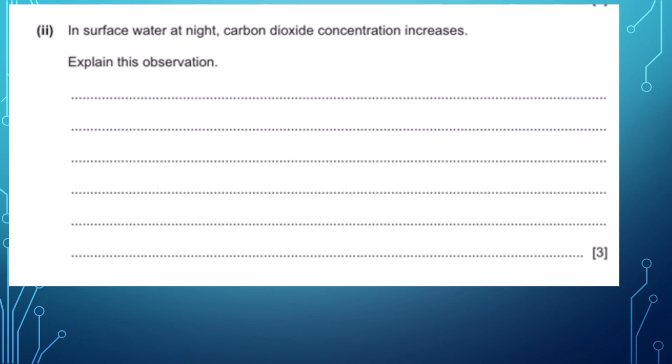Now, our next question is an explain question. In surface water at night, carbon dioxide concentration increases. Explain this observation. What is important to notice here is this is a 3-point question. So we need to come up with 3 different things. And I saw some students just write no photosynthesis. This is of course correct, but you need more to get all the points.